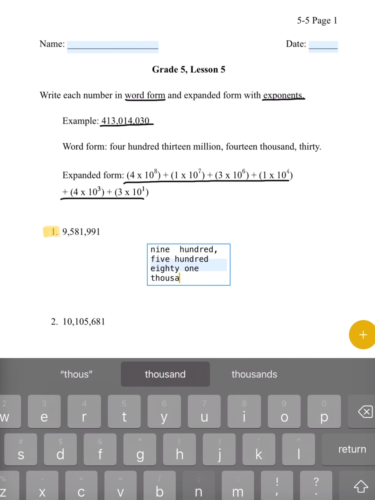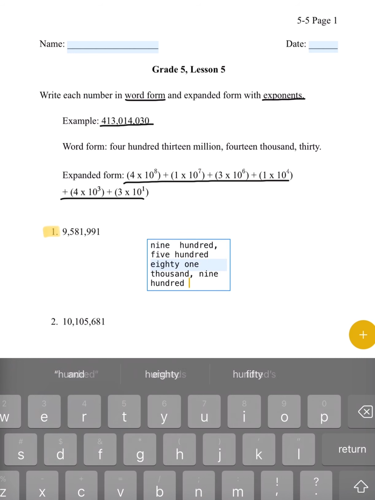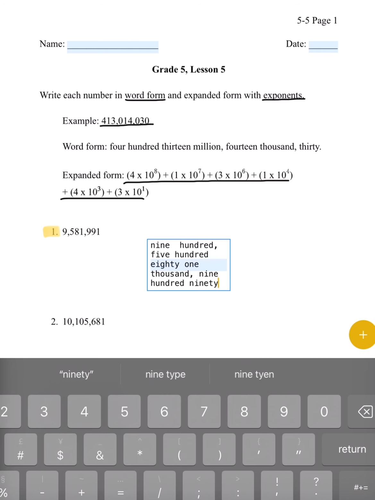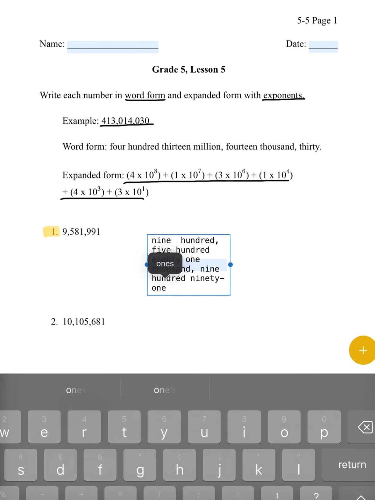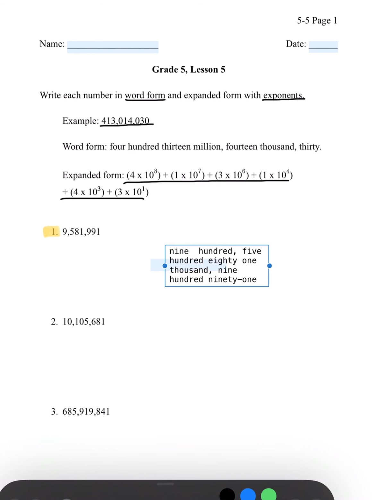And it's in the thousands place, 1,000. And the 9 is in the hundreds place, so it's 991, 91. So that will be our word form answer.